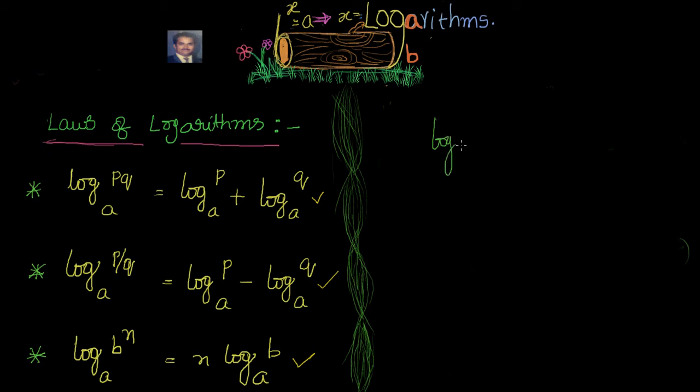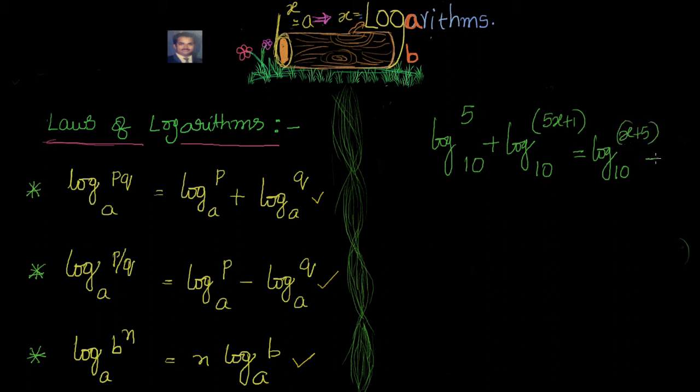Log of 5 to the base 10 plus log of 5x plus 1 to the base 10 is equal to log of x plus 5 to the base 10 plus 1.